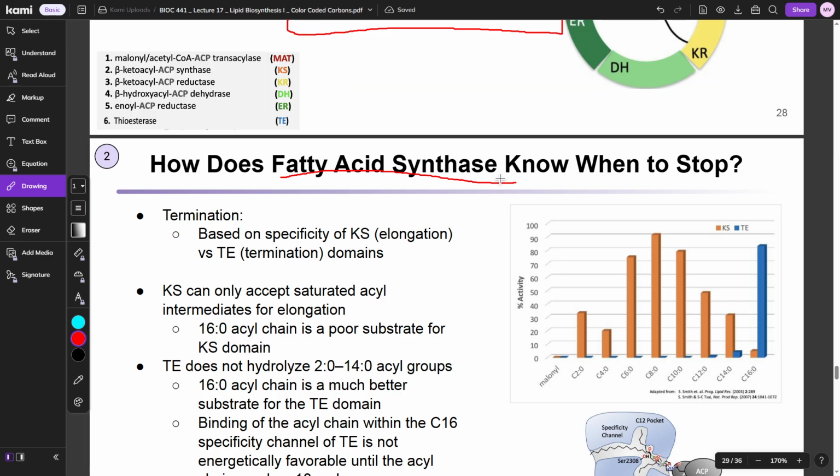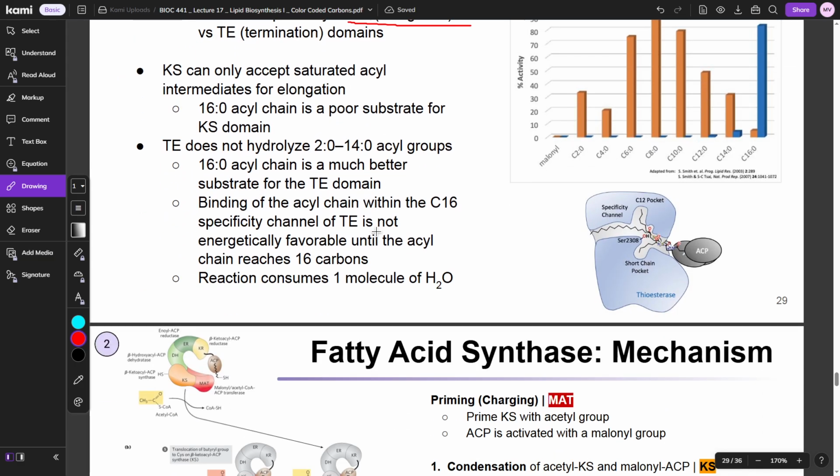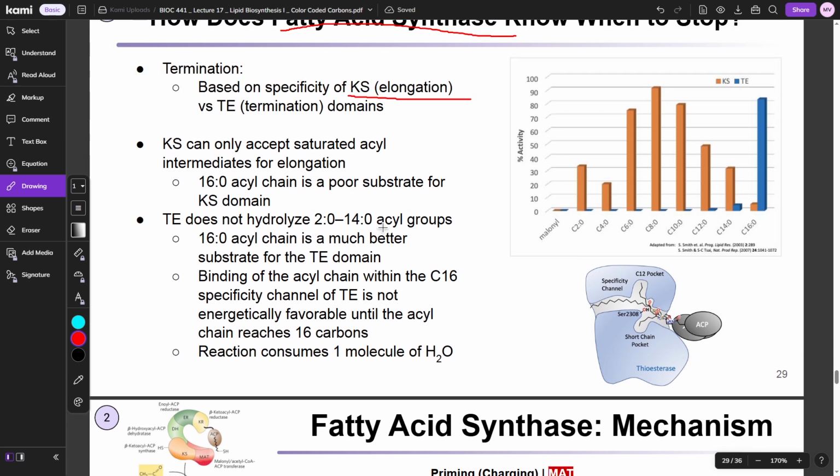And the termination is based on the specificity of KS versus the termination domain.